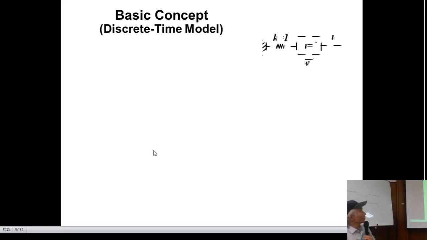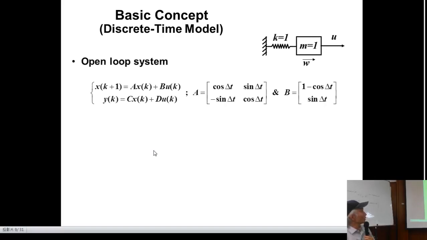All right, let us look at the basic concept. Then I show you the continuous time feedback. The discrete time model should be the same thing. This is my discrete time model. This is my open loop. My open loop, A equal to cosine delta t, sine delta t, minus sine delta t, cosine delta t. And B is 1 minus cosine delta t, sine delta t. You can choose your sample interval you want.